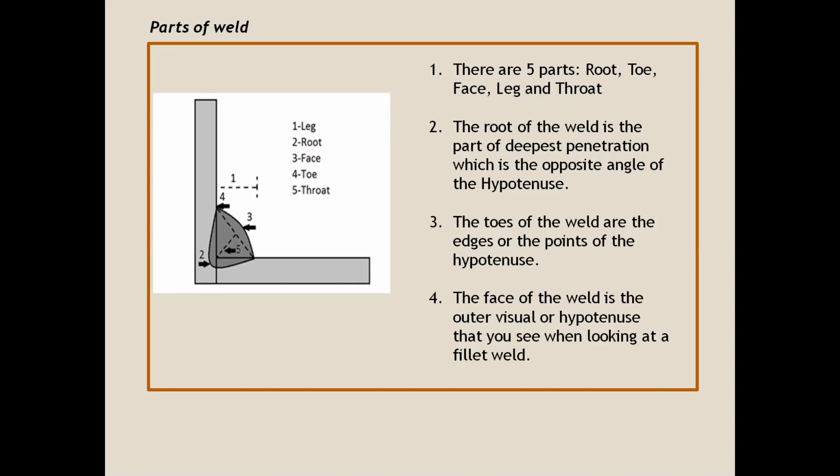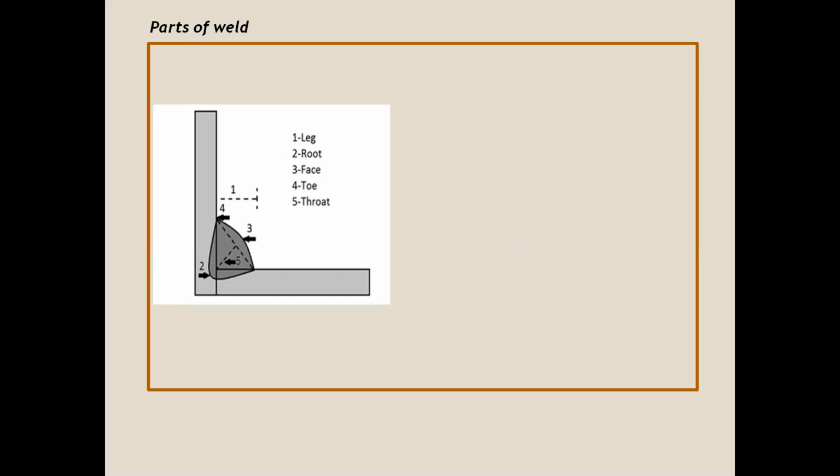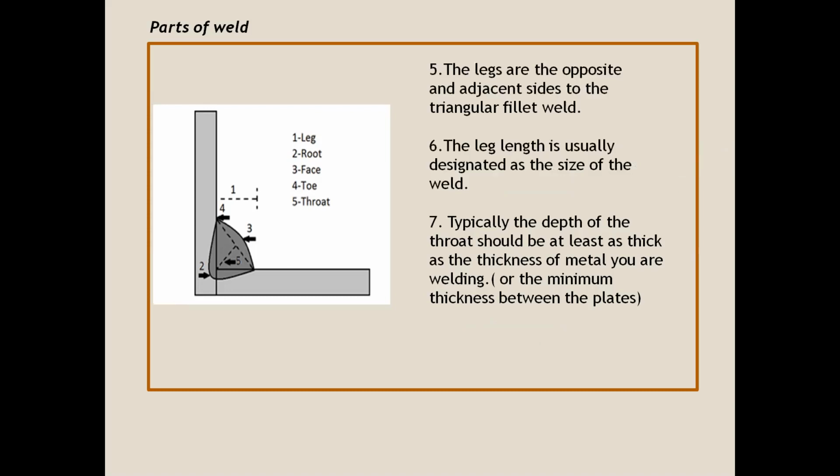The third part, the face, we will discuss now: the overall hypotenuse portion, looking at the fillet weld. This is the fillet weld. See another one, the fifth one, legs.